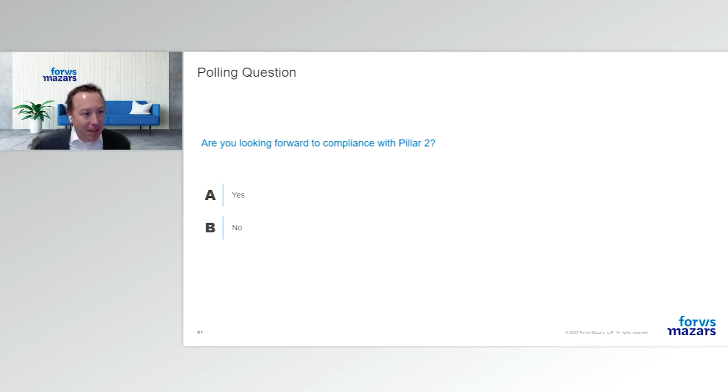Just thinking about the last couple of slides here, I think it really hits home that there's going to be a huge coordination effort with this. There's going to be a need to have local advisors in each jurisdiction, advising on the nuances, like Elizabeth just made an example with the QDMTT with regard to Germany. It's going to be completely different than other jurisdictions.